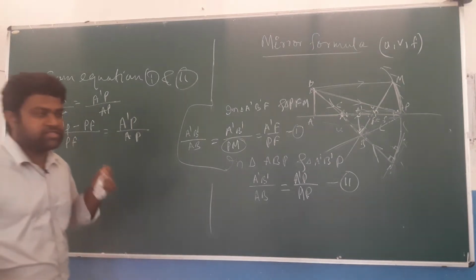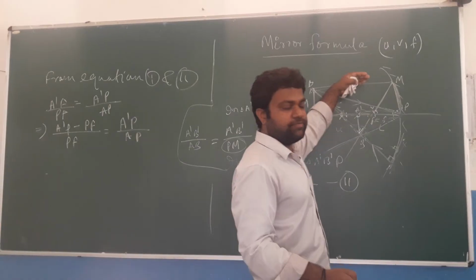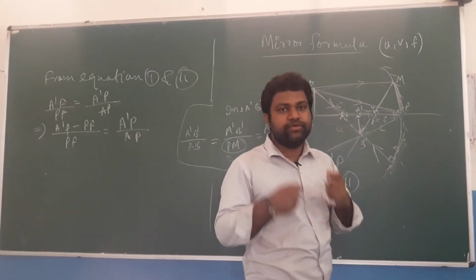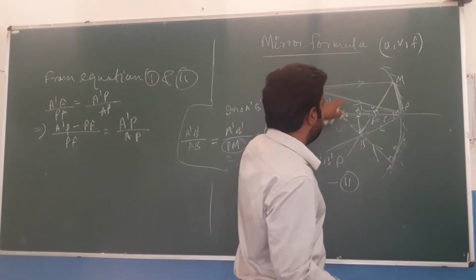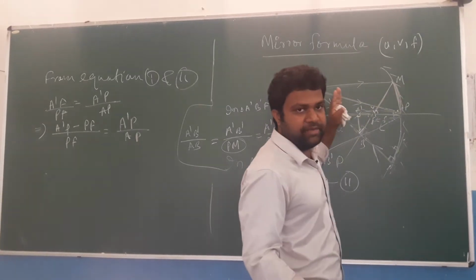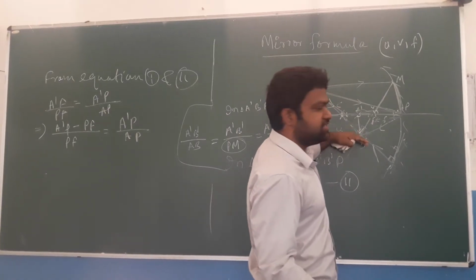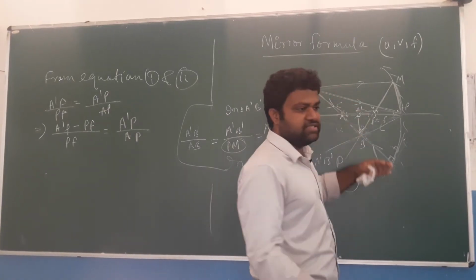Now we will use our sign convention. That sign convention says that if the rays are going from left to right, we will use the Cartesian plane. In the Cartesian plane, everything on the left side is negative, below the axis it's negative, above the axis it is positive.